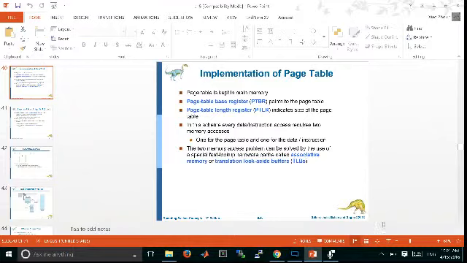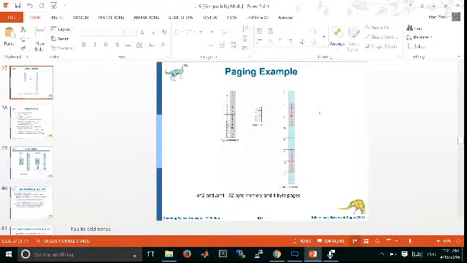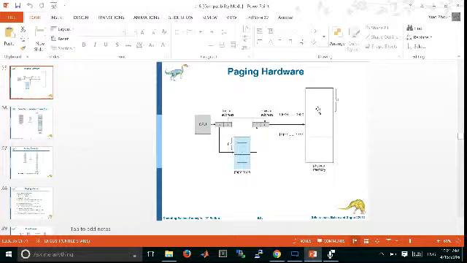Let's go back a little bit to this picture. Yeah, so this is our canonical page table picture, right? Just to remind you what's going on here, we've got a logical address or virtual address, same meaning.